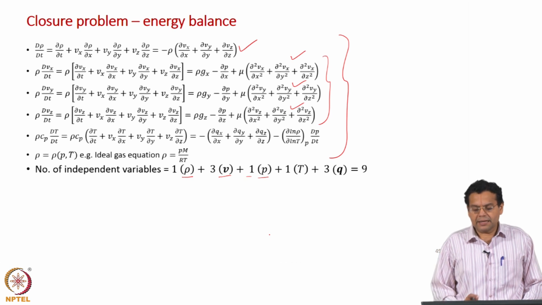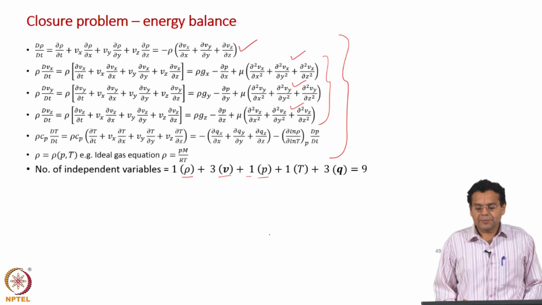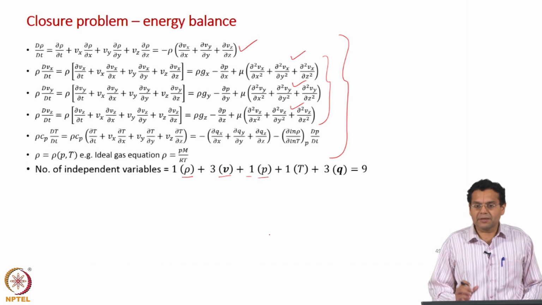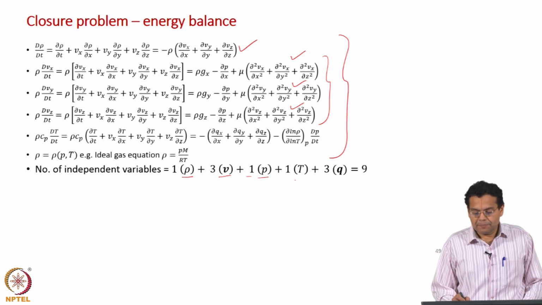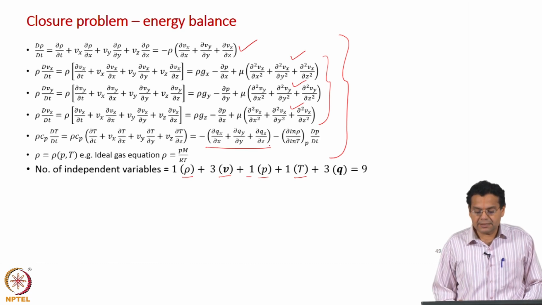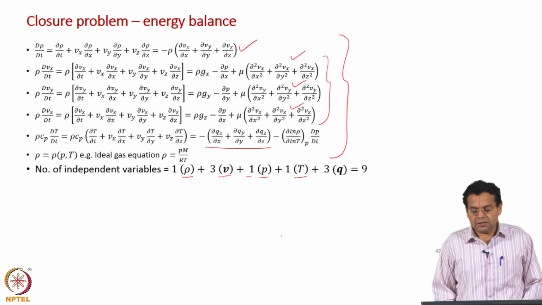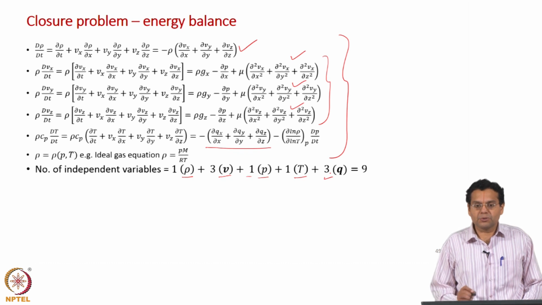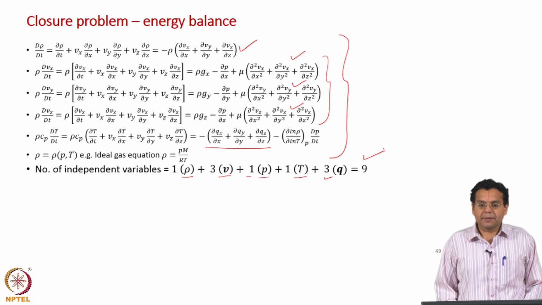Earlier we had the tau as 6 variables, but because they are expressed in terms of Newton's law of viscosity, they are not variables now. And what are the other variables? The energy balance has temperature in it, so that is another variable. Energy balance has the components of heat flux vector due to conduction, and they add 3 components qx, qy, qz, resulting in 9 independent variables.